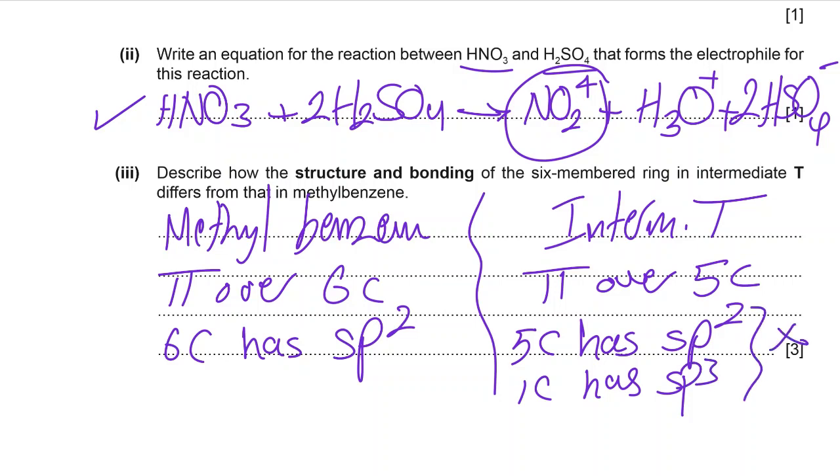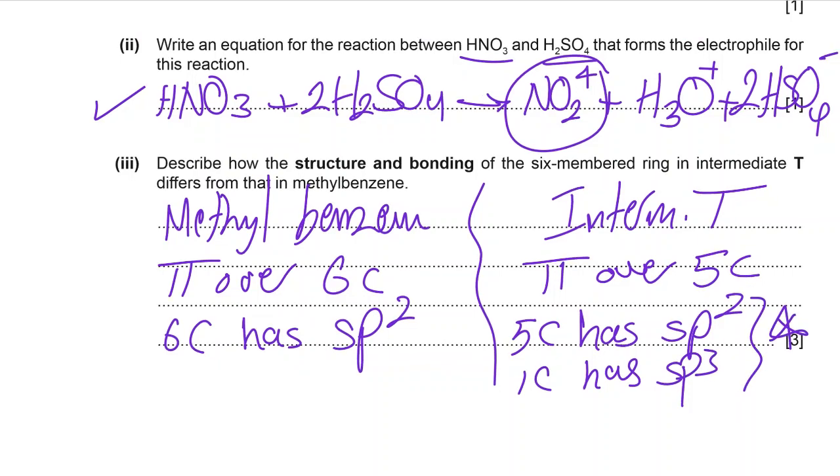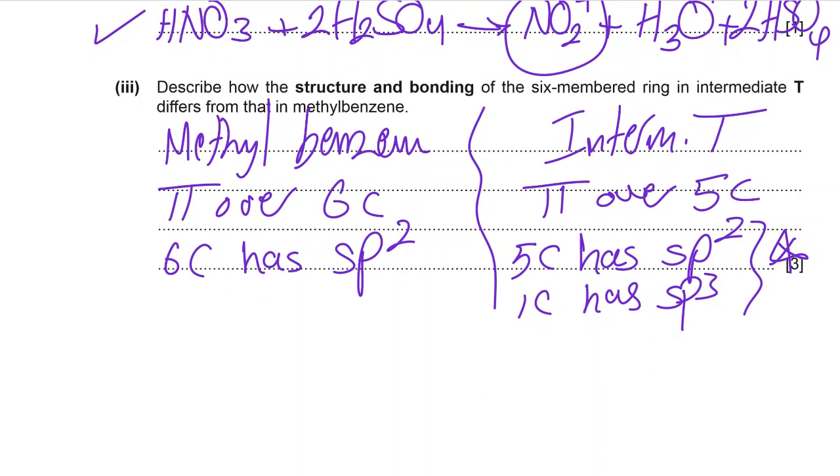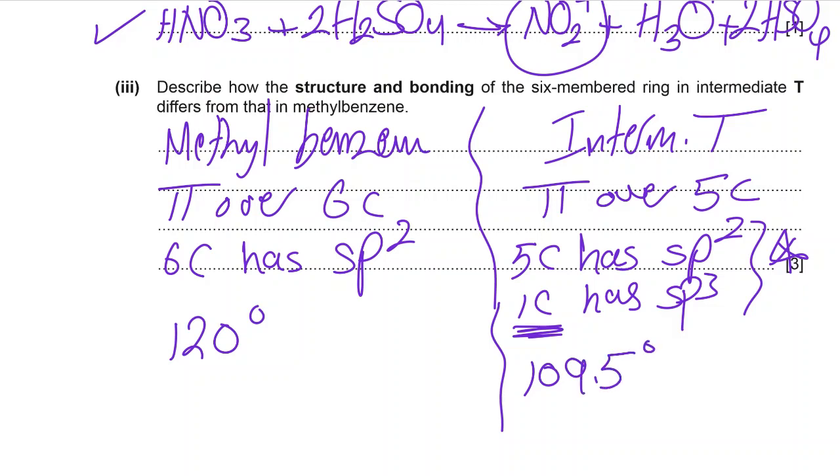I'm talking about in the benzene ring. Okay, the angle here, because of double bond and sp2, is 120, but here for this sp3 carbon the angle is 109.5. So here we have 3 differences.